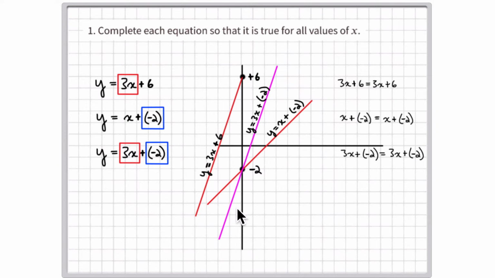And so whatever value you choose for x, you multiply that by 3 and add a -2 to that. And so you get the same line using each side of this equation to write this linear equation over here. The point is you get the same line. And so all values that you choose of x, the same thing's going to happen on each side. So you end up graphing the same line.